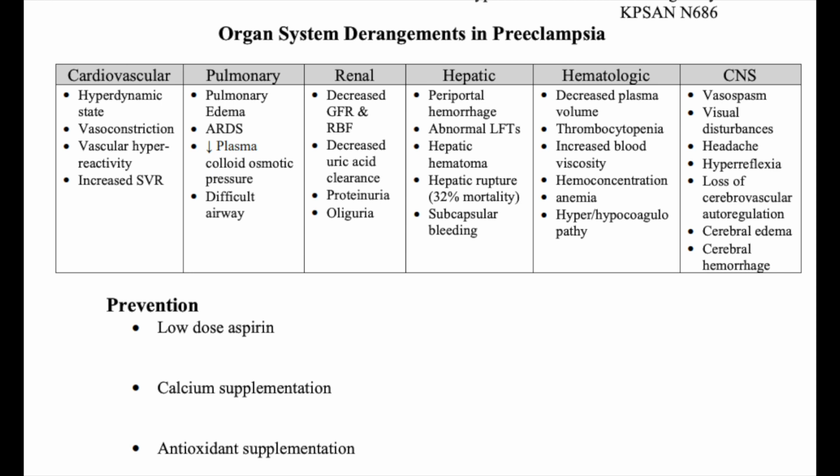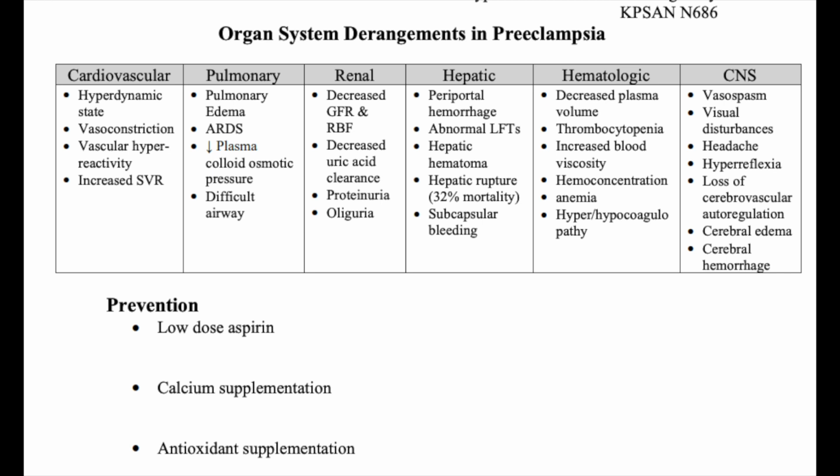Preeclampsia is associated with decreased renal blood flow and glomerular filtration rate. These patients have difficulty with clearance of drugs metabolized by the liver due to their abnormal liver function, and hepatic hematomas and even hepatic rupture are possible complications of preeclampsia.